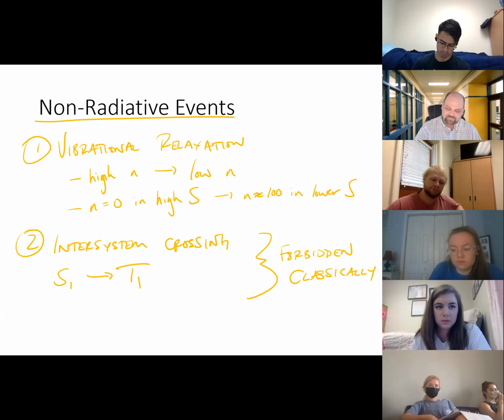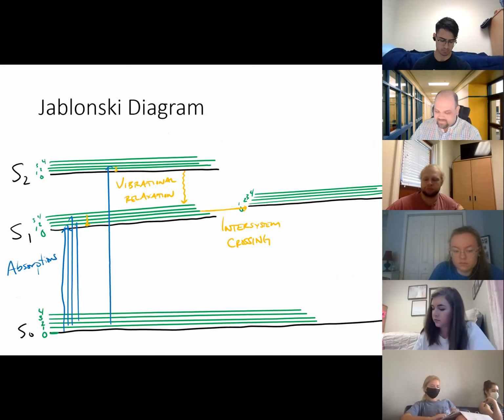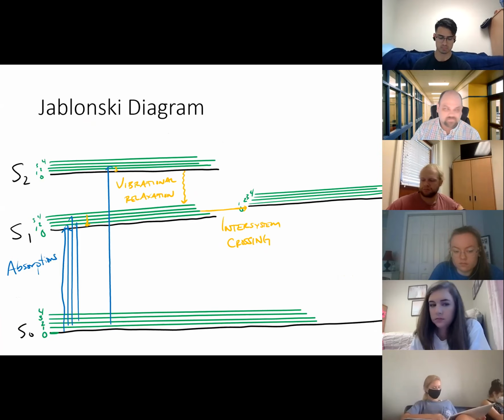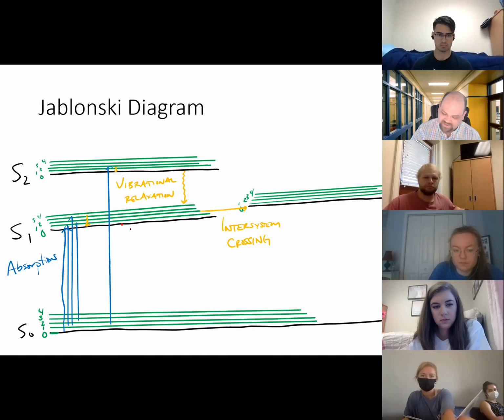Okay. All right, going back to our Jablonski diagram then, the last piece of the puzzle to add are, of course, radiative events, right? And so if we look at the Jablonski diagram, once our excited state molecule has done its vibrational relaxation, he's likely in the ground vibrational state of that excited electronic state.